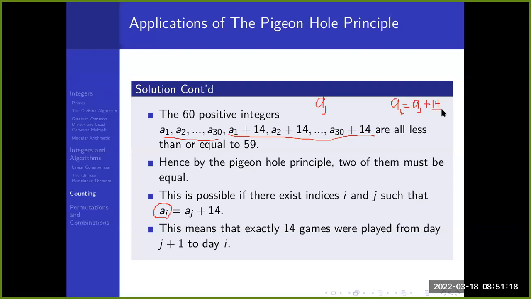There's a sequence of 14 games that were played. So we don't know what J is or what I is, but we know that this must happen because of the pigeonhole principle.